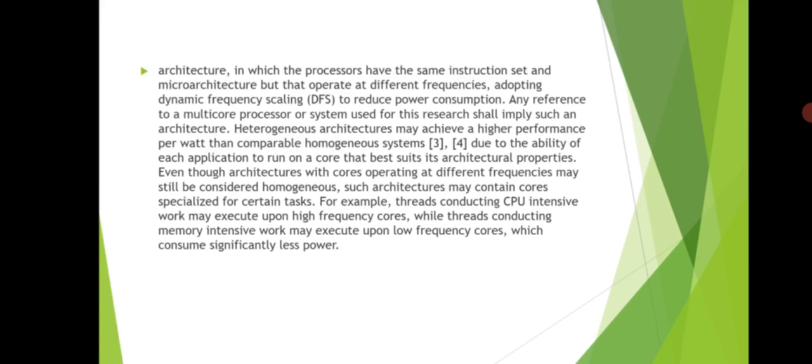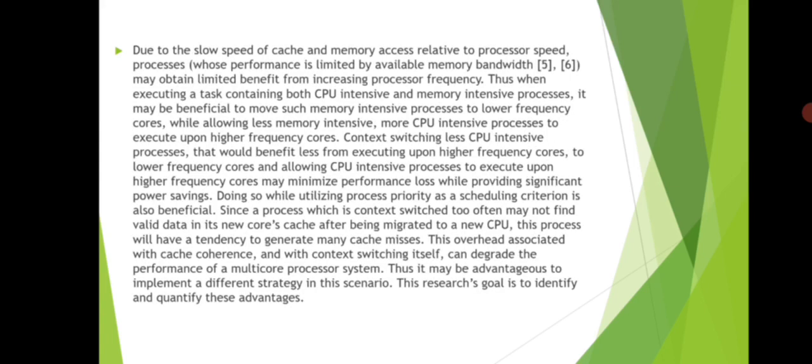Such an architecture may contain cores specialized for certain tasks. For example, threads conducting CPU intensive work may execute upon high frequency cores, while threads conducting memory intensive work may be executed upon low frequency cores, which consume significantly less power.